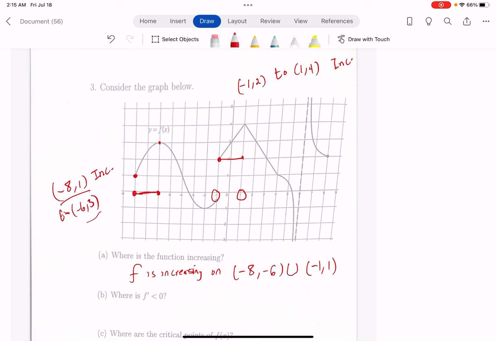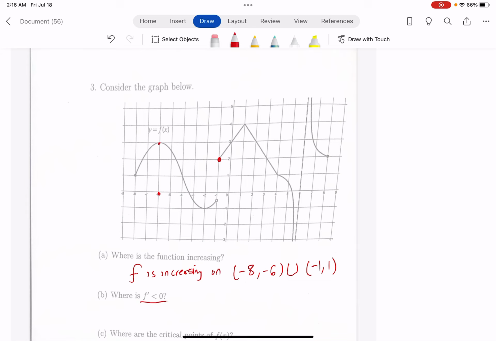The other one: where is f dash less than 0? F dash less than 0 means decreasing. Where is the function decreasing? Okay, I'm going to delete these and show where it's decreasing now. You can see it is from -6, and this is of course -6 and 3.